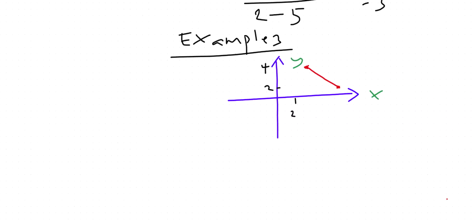This is 2, 4, and this place takes 6. That place is 6, and you have to find the slope.